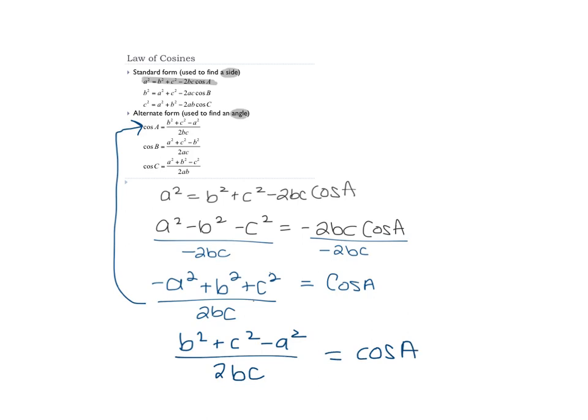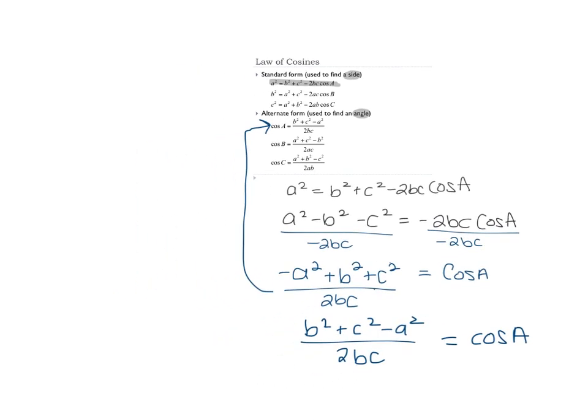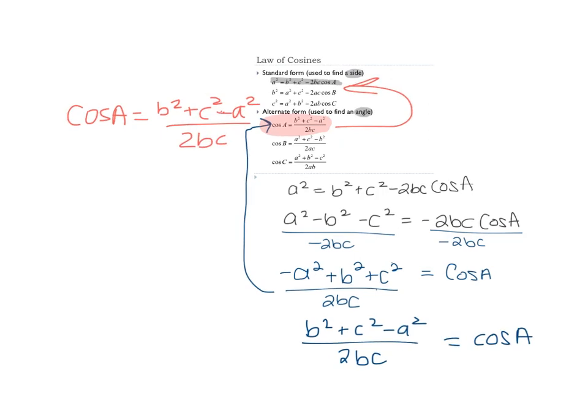So if you forget or if you're unsure and you know for sure one form, you can get to the other one, because I can also flip-flop this. I can go back the other way. Let's say I know this one and I don't remember that one, but I want to solve for A. So cosine A equals B squared plus C squared minus A squared over 2BC.